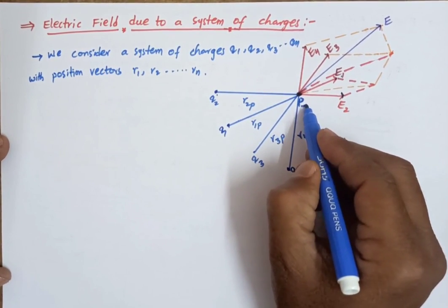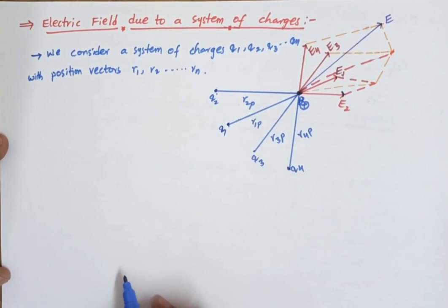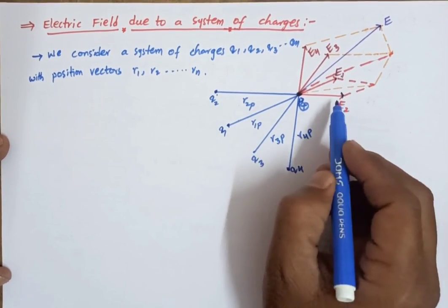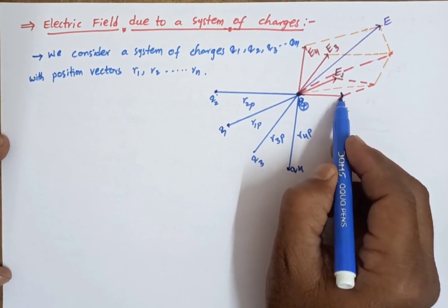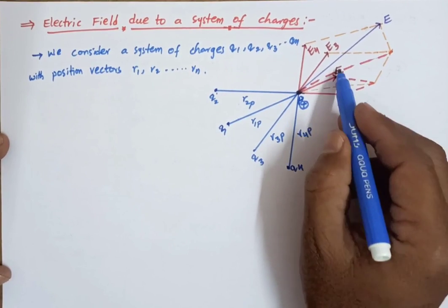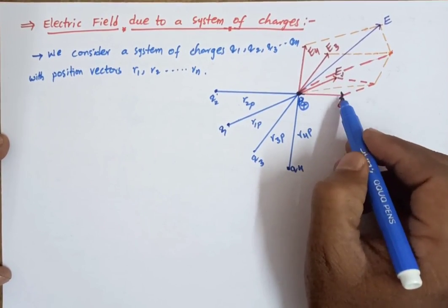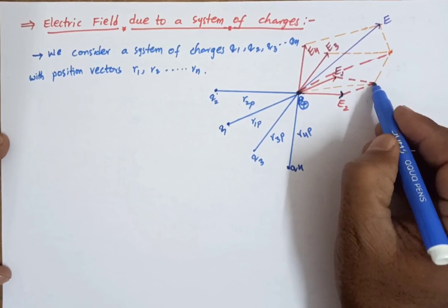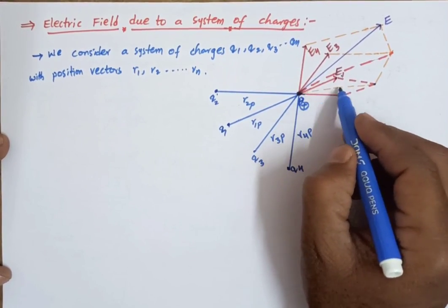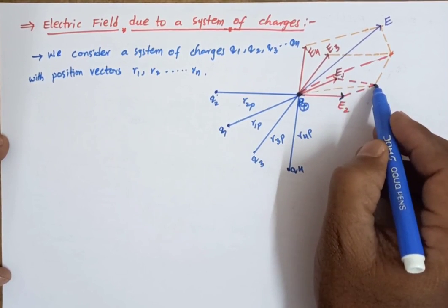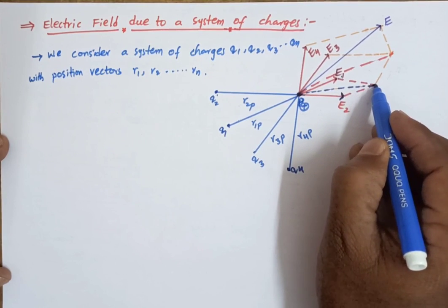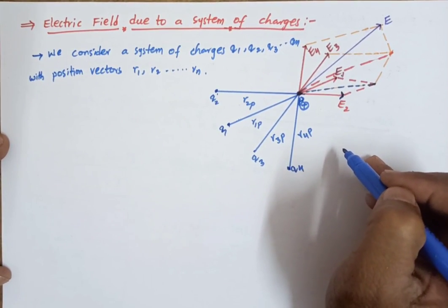Here we consider a positive charge, so the direction is E2. E1 and E2 are both sides of a parallelogram, and the resultant electric field strength is in this direction.